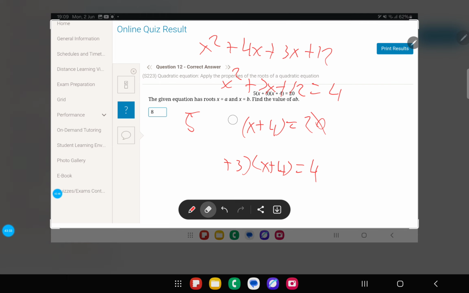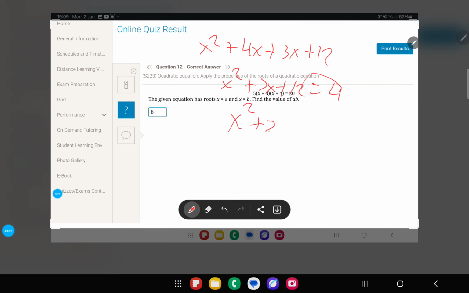Now, you're going to factor this. Sorry, what they want, the given equation has roots x equals a and x equals b. Find the value of ab. Okay, so you're going to factor it. Oh yeah, before that, you want to flip 4 to the other side.